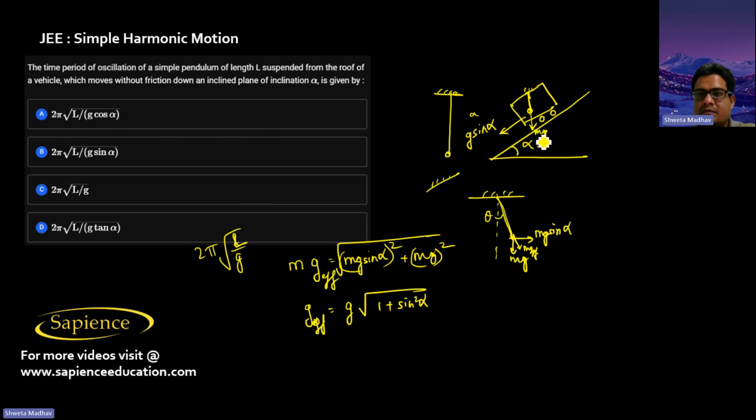It will be like this. So this way, that is G cross alpha and G cross alpha. This is NG.